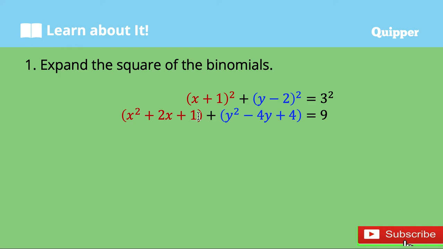And the same process here, (y − 2)², the expansion is y² − 4y + 4. And 3² is just 3 times 3, we have 9. So this is already the expansion of the square of the binomials.